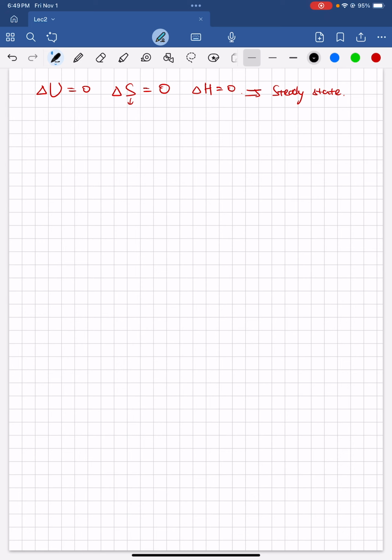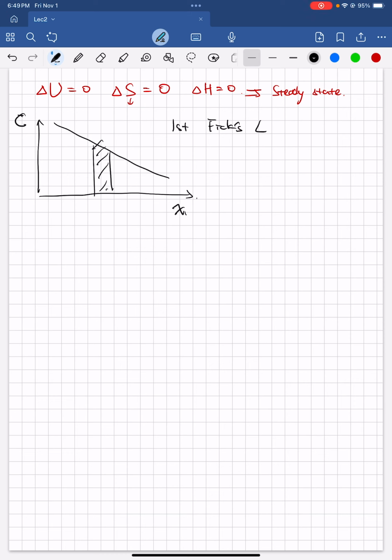And then what is equilibrium? What is the difference? We can think about diffusion, right? I don't know if you already learned diffusion or not, but this is C, this is X. When you think about this area, this is Fick's first law. You will learn this in thermodynamics of materials 2, but here I'll briefly explain it.